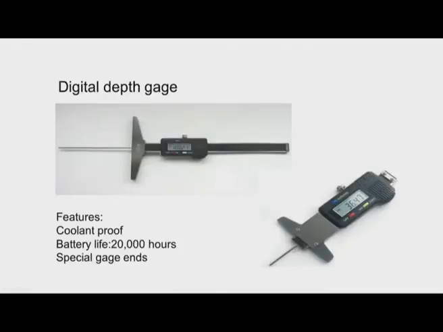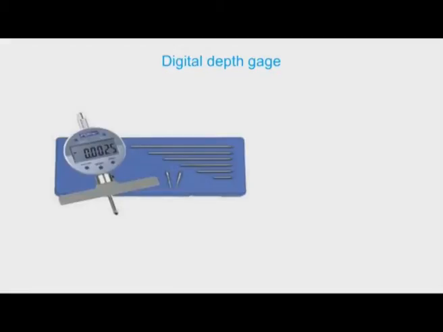So we have to put this moving rod, this is the depth measuring rod. This is the workpiece, and then we have to take this digital depth gauge and keep it like this.